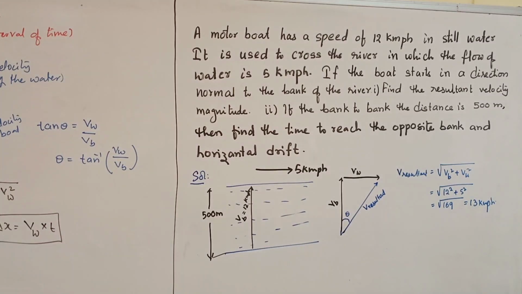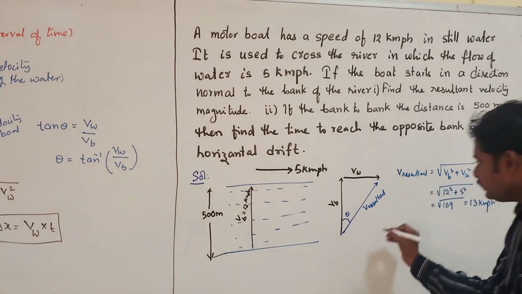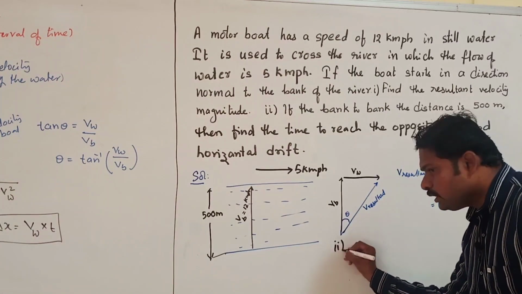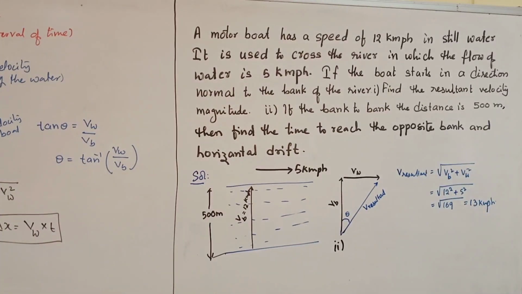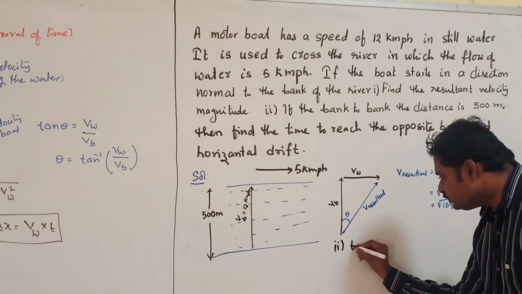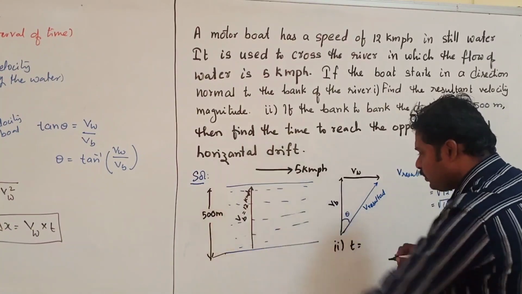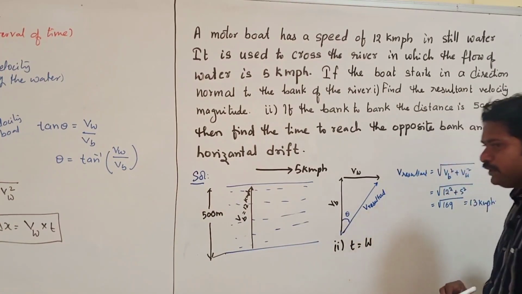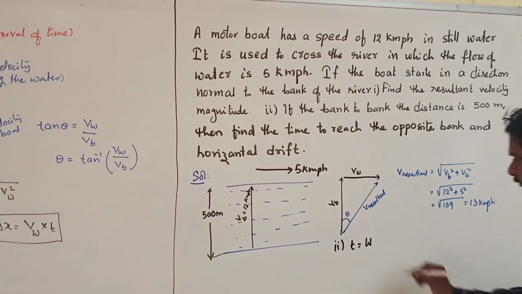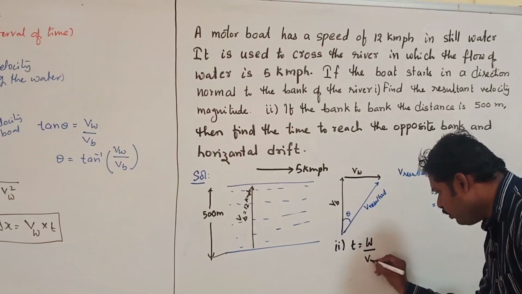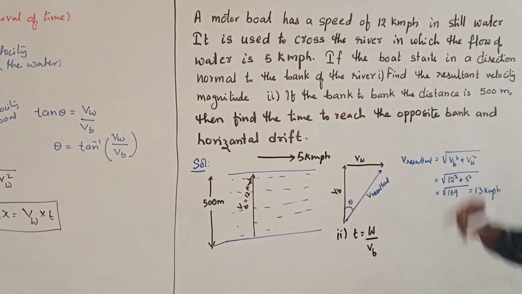Next, the second one: how to find the time at which it crossed the opposite bank. Time is equal to W, the width, by the velocity of the boat in that direction.